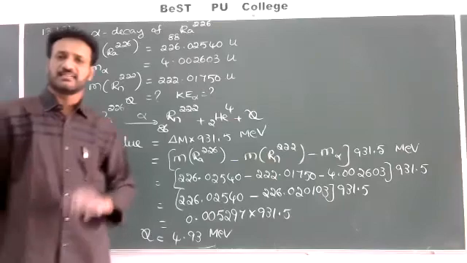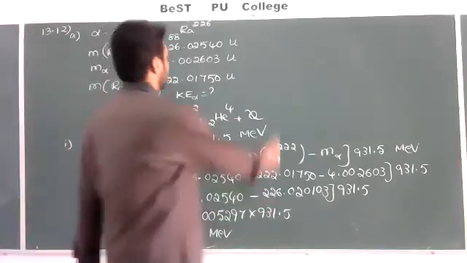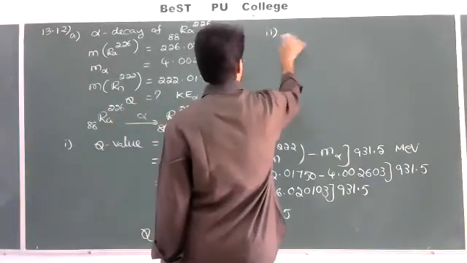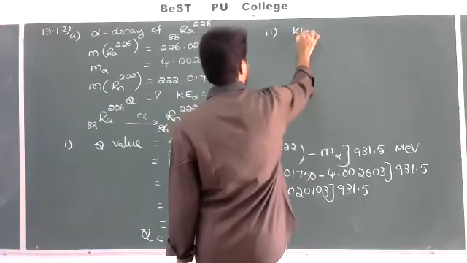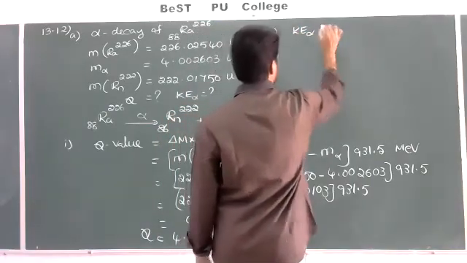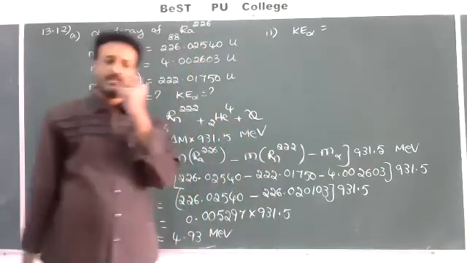And one more thing they asked: the kinetic energy of the alpha particle should be calculated. In the notes I have given the formula, check that formula.